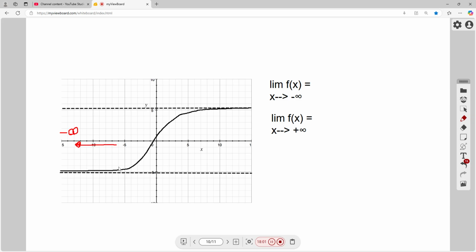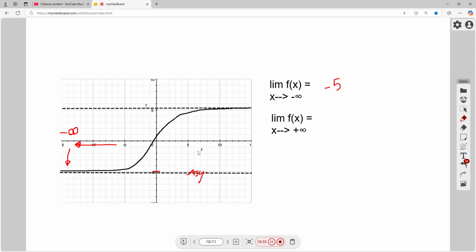But what we can see is that as you go down, it hits a wall right at y equals negative 5. So your answer is going to be negative 5 for this question. Because as you go towards the left side, or negative infinity, you just can't go any lower because you have the asymptote over here. And we can see that that asymptote is at y equals negative 5. So that's going to be your answer.